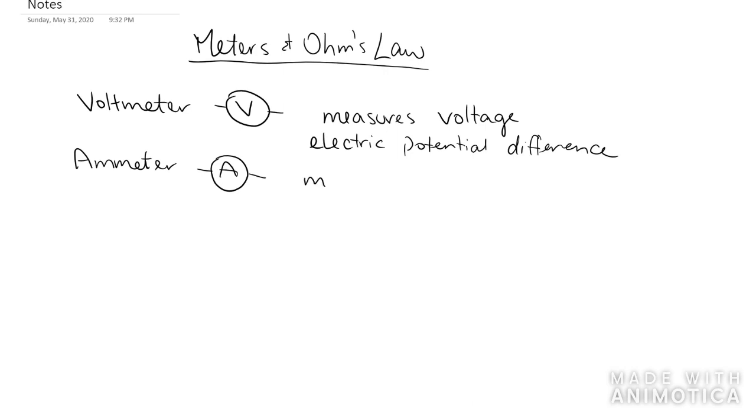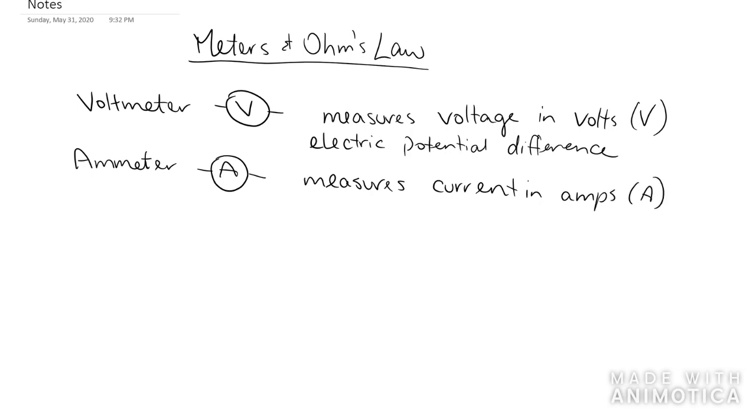This measures the current. Voltage is measured in volts, which is represented with the letter V. Current is measured in amps, or the letter A.